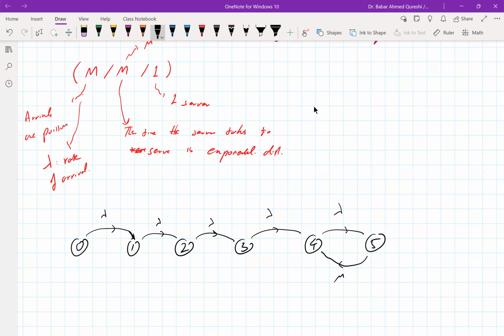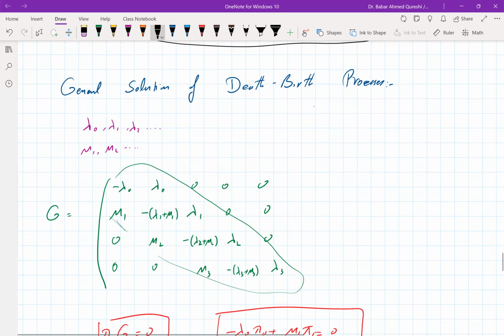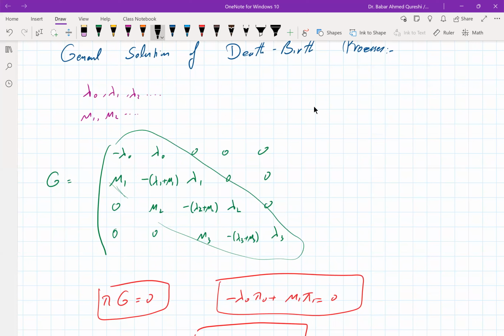And that rate is mu. So they're all mu. So what you have is again this matrix, because this was the most general matrix. But in this, there's a great simplification that all of these are the same.